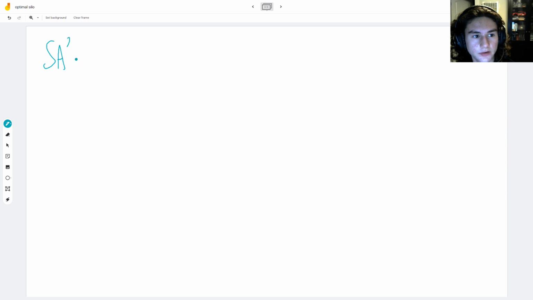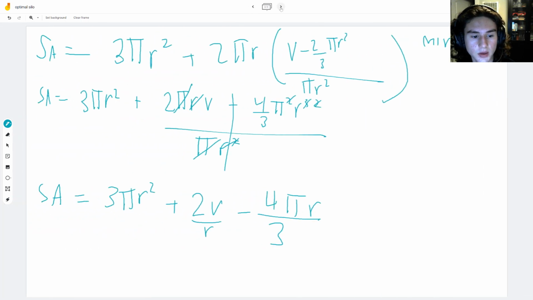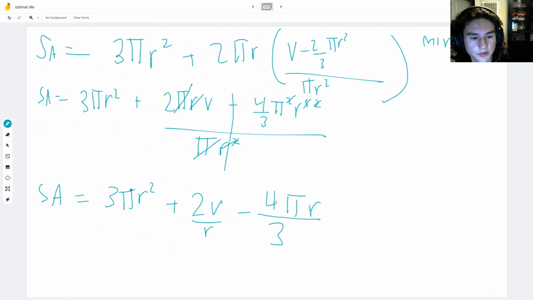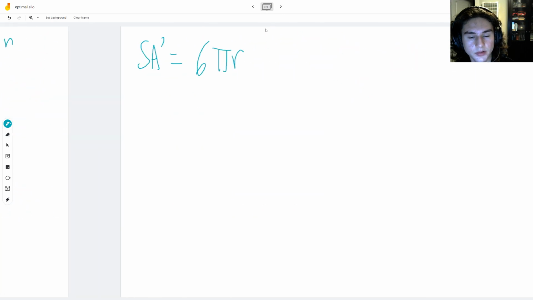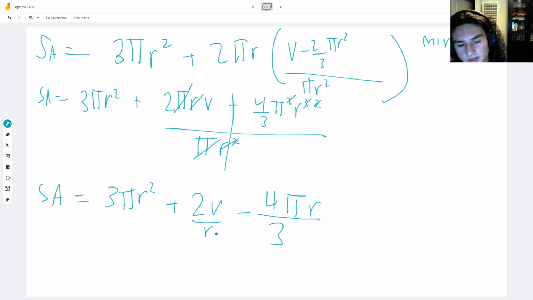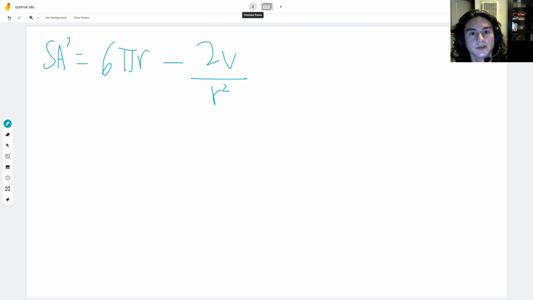So surface area derivative will be 6 pi r, because I just power ruled that, plus, this is a little more difficult, it's actually going to be minus because we're at the bottom, 2v over r squared. That's also power rule. We can think of this as to the power of 1, but it's on the bottom, so it's a power of -1 if it was on the top. So we're going to be multiplying it by a negative, and then this is going to go down by 1, so it's actually going to go to -2. So that's where we get that from.